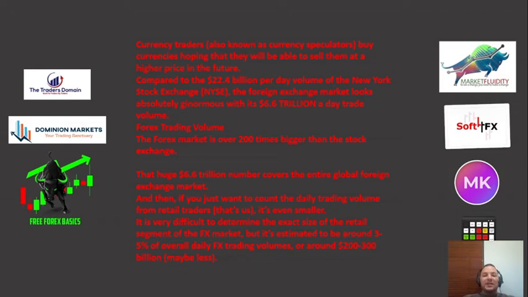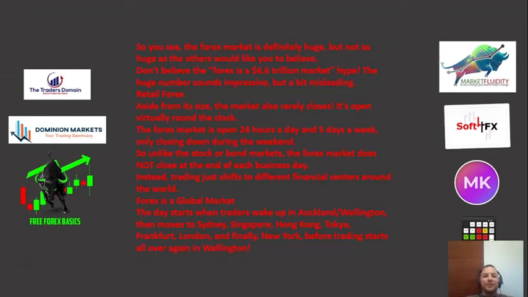And guys, the overall retail trading volume, which is us, is around 200 to 300 billion, maybe less. When you trade during the day, just us as retail traders, we form 200 to 300 billion of that 6.6 trillion. Everyone can get a slice of that. So you see, the Forex market's definitely huge.